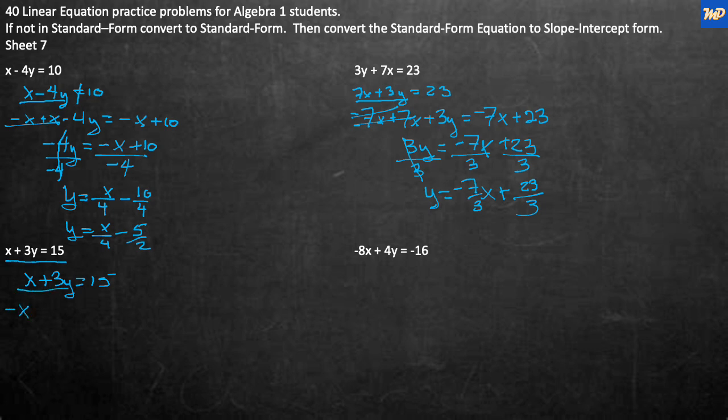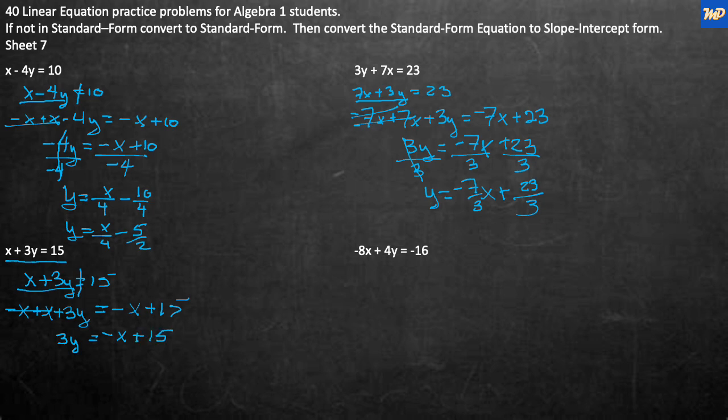Then we're going to write this whole side up to the equal sign where we drew the little line here. Plus x plus 3y equals, put the x term in first, minus x plus 15. The x's cancel. We get 3y equals minus x plus 15.